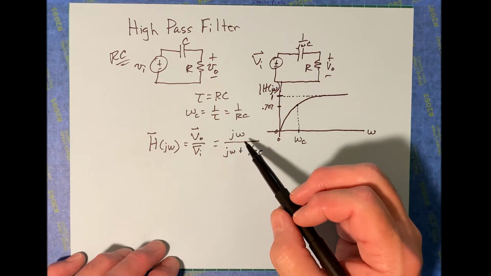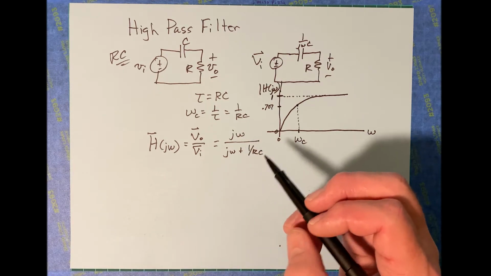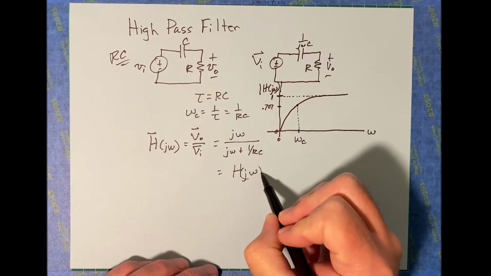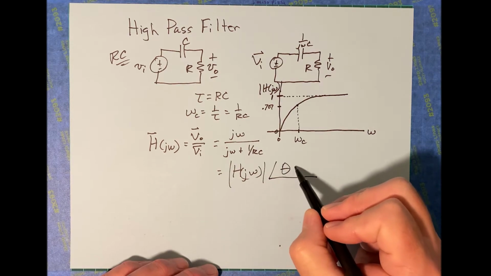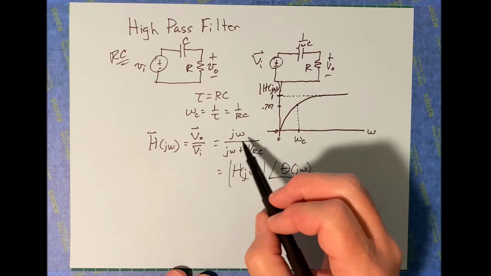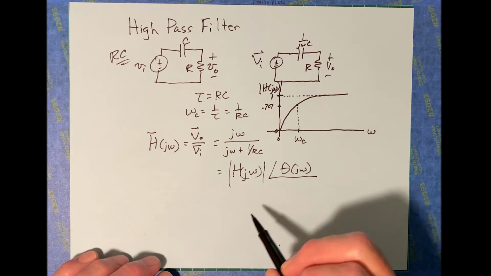Okay, now that's not a big surprise. This could also be written in the form magnitude, angle, so it can be written in rectangular form. It could also be written in polar form like this.